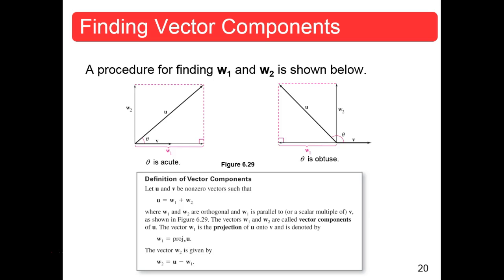Vector W2 would then be the difference between U and W1. Why is that? Let's just take this for an example. This is U, this is V. The projection of U onto V would be this vector, actually longer than V is. Then to get W2, you take U, which is this one, and subtract W1 from it, and picture it this way.